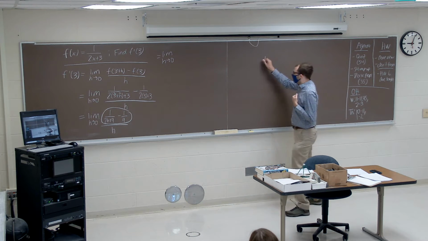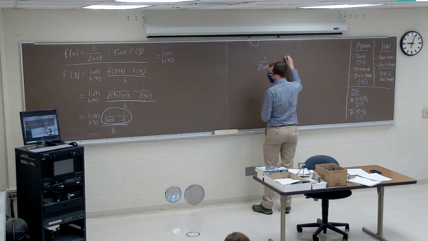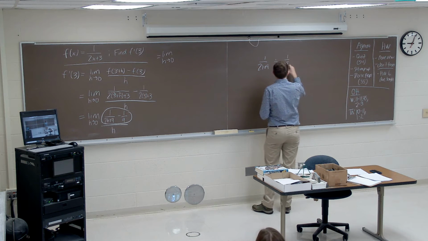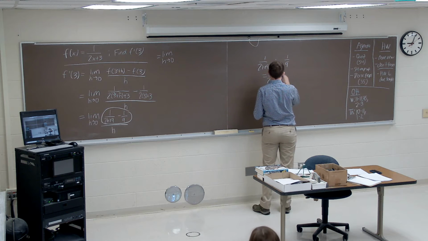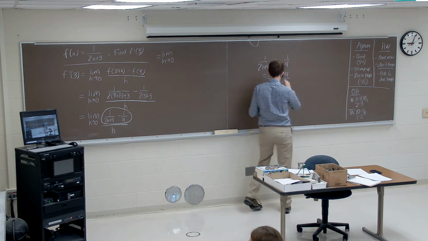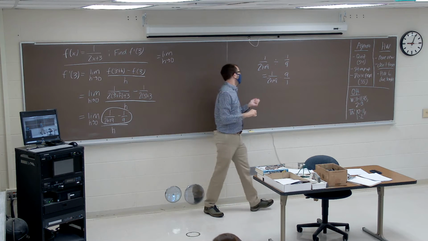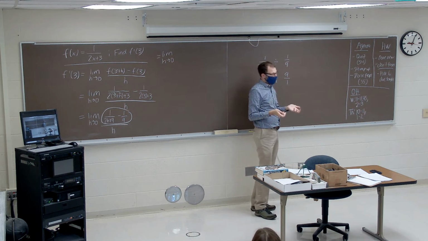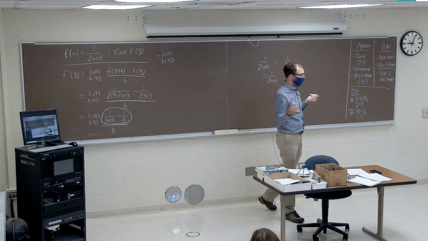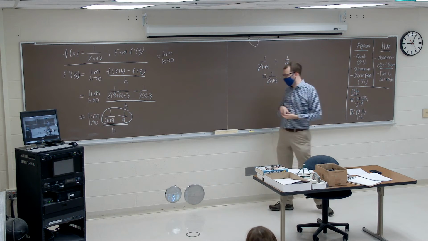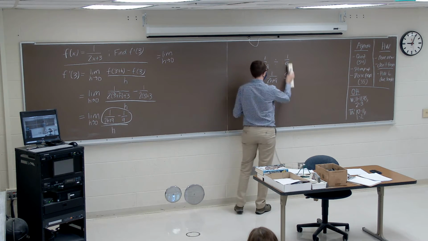If we wanted to do something like 1 over 2h plus 9 divided by 1/9, then we could say that's the same as multiplying by the reciprocal of this one, and then multiply straight across. Unfortunately, I don't think that's going to work in this particular situation, mainly just because we're subtracting in the numerator rather than dividing. If this was division, though, then I think this would be a perfect way to do it.